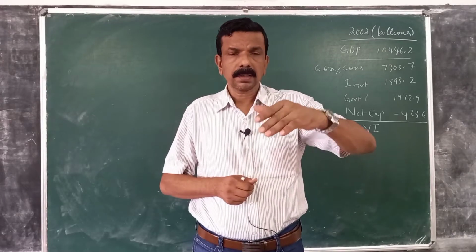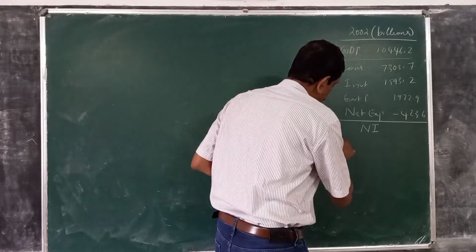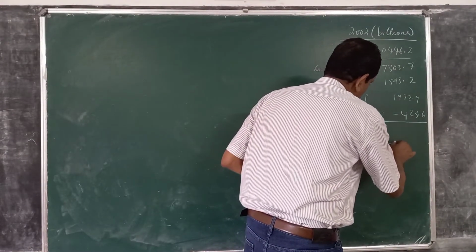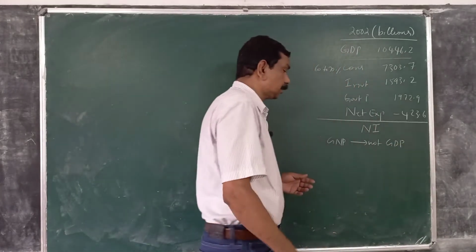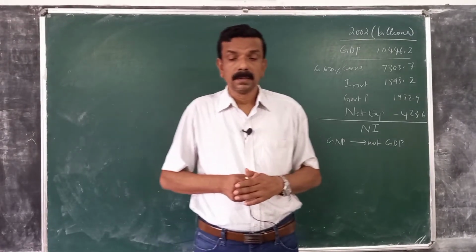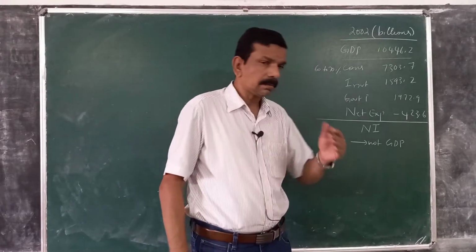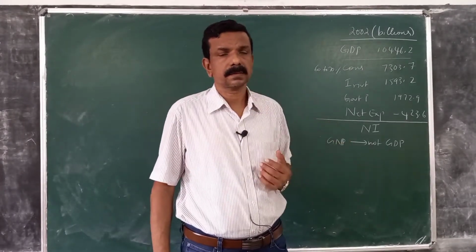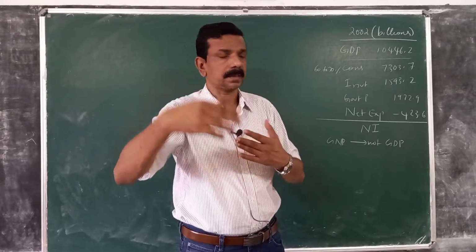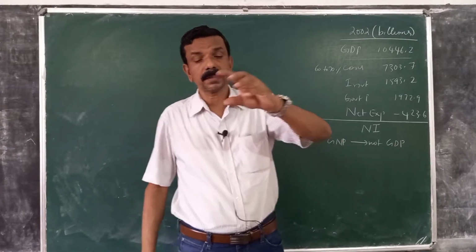And in computing national income, our starting point is GNP and not GDP. Our starting point is gross national product, not gross domestic product. And the difference is, in the GNP we consider income earned by the nationals, whether they are working within the nation or outside. GDP is income earned by everyone in the territory.